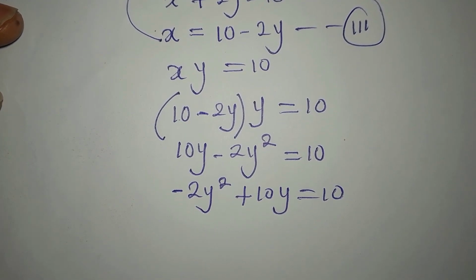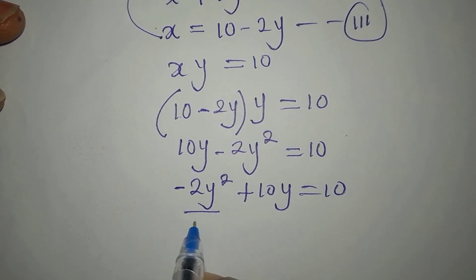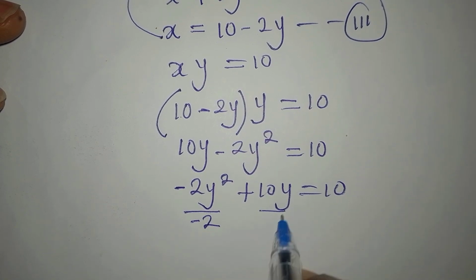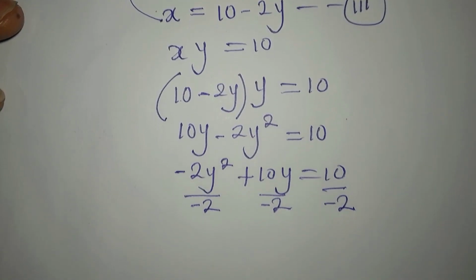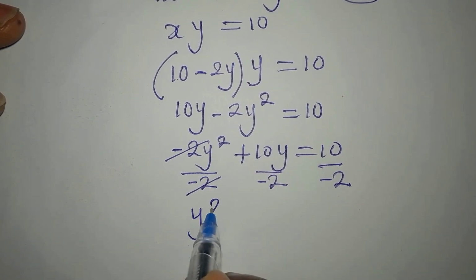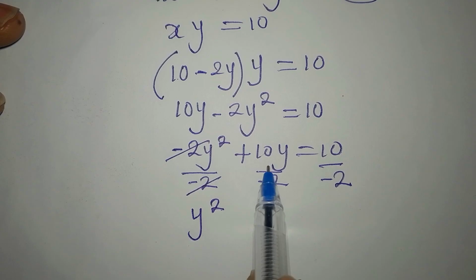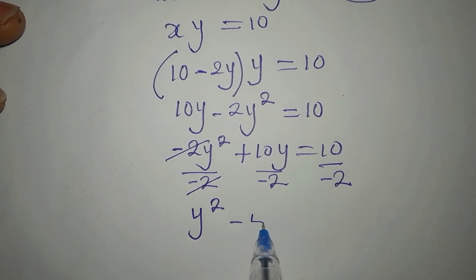Now here is what I want to do. I want to divide all through by negative 2. Divide this by negative 2, divide this by negative 2, and this by negative 2. Now this will go and we'll have y squared. Then 10y divided by negative 2, we're going to have negative 5y.